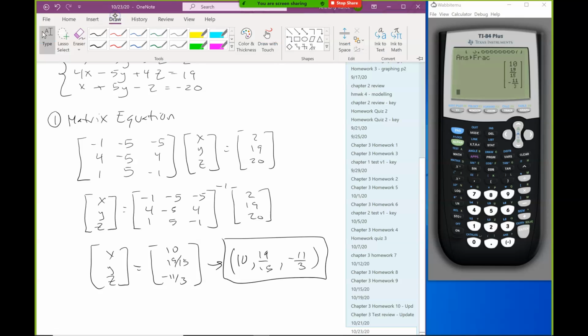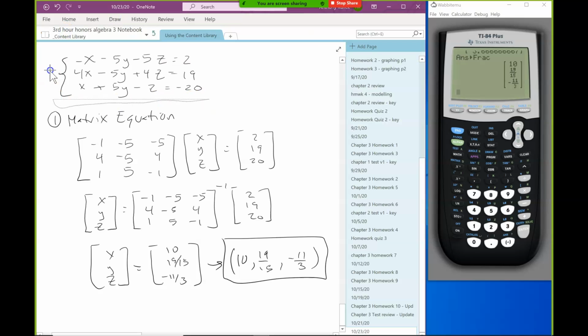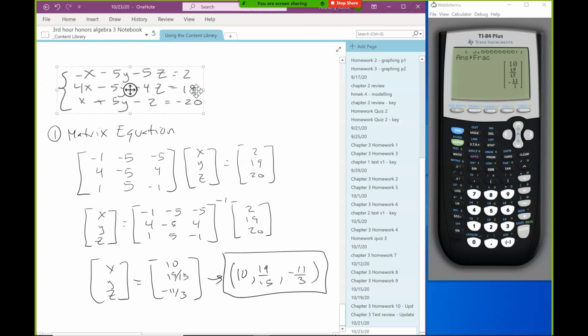So let's do now this same problem using Cramer's method.